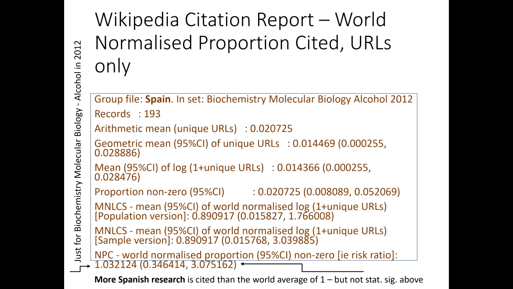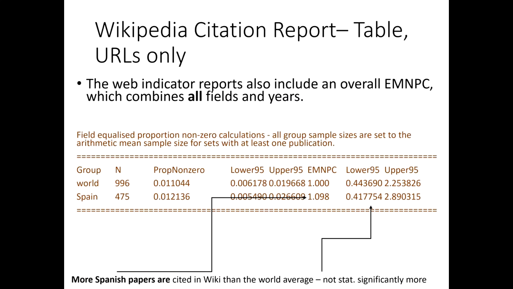The better one is the normalized proportion cited, which we have here is slightly above the world average 1, slightly above 1, but containing the world average 1 in the confidence interval for the biochemistry, molecular biology set at the end. And then the best one is the one that combines all the fields together, which is the EMNPC for Spain, all the Spain, so the 2 different fields for Spain, and that's above the world average of 1, but not statistically significantly above. So this is the main one to use.